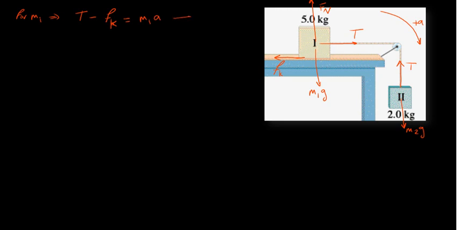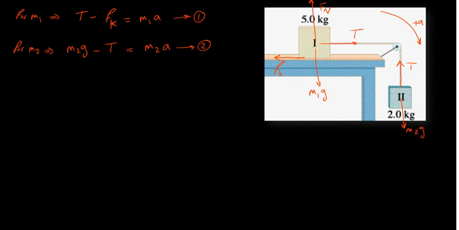Great, that will be our first equation. Now for m2, I will have m2g minus the tension, and that will equal m2a. That will be my second equation.